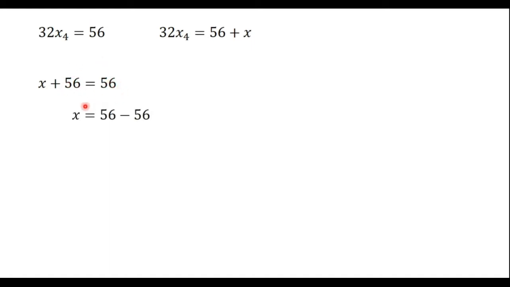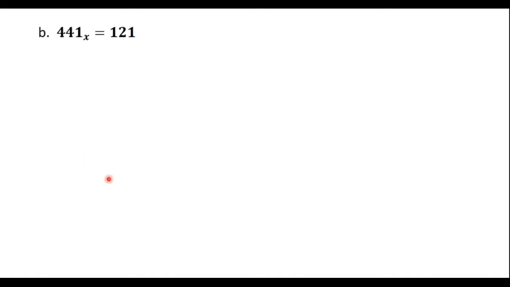So x is equal to 56 minus 56, so we say that x is equal to 0. So the x in this equation is 0. It means that 32x base 4 is actually 320 base 4, since we have found x to be 0. It's pretty simple, right?